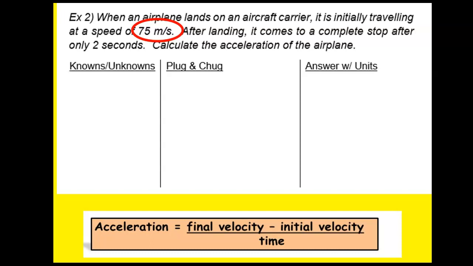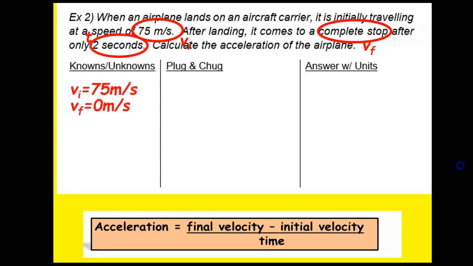Then it says it comes to a complete stop. That is my next speed. Because of the way it reads, my initial velocity is 75 meters per second. My final velocity is the complete stop, which would be 0 meters per second. And then the time, of course, is 2 seconds.